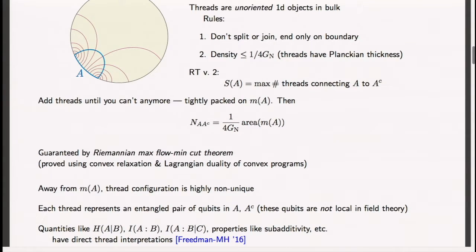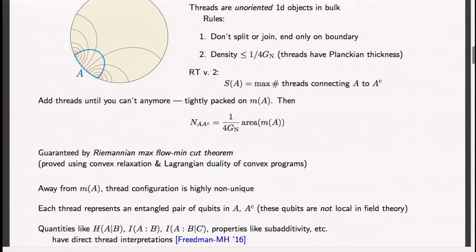Okay, and so again, even though from an enumerative point of view, each thread represents an entangled pair of qubits, you should not at all think of them as being localized, okay? Then what we argued is that using this freedom, you can write very nice formulas.